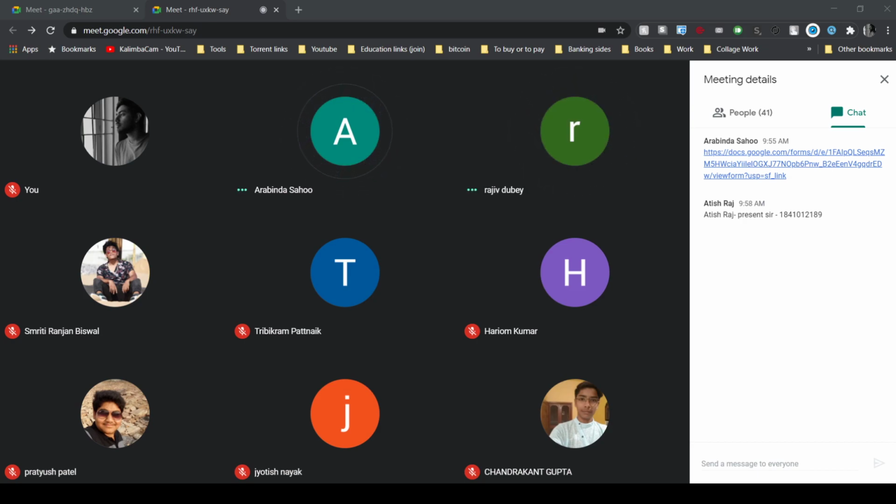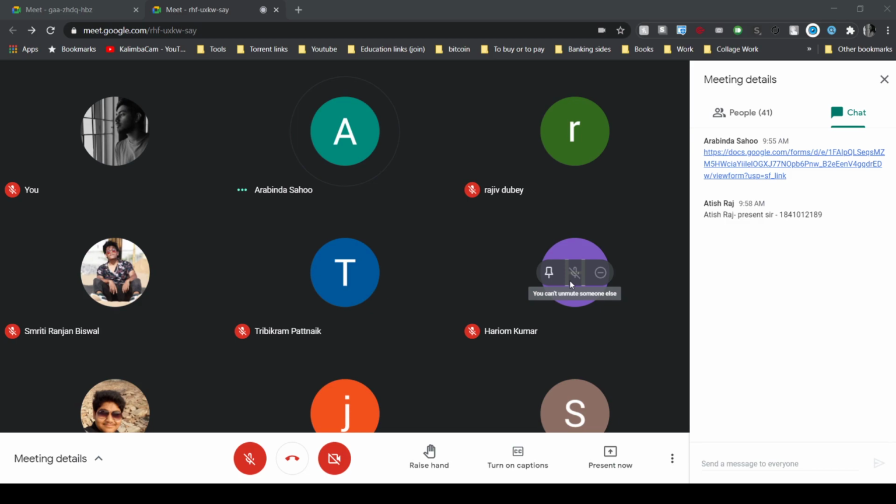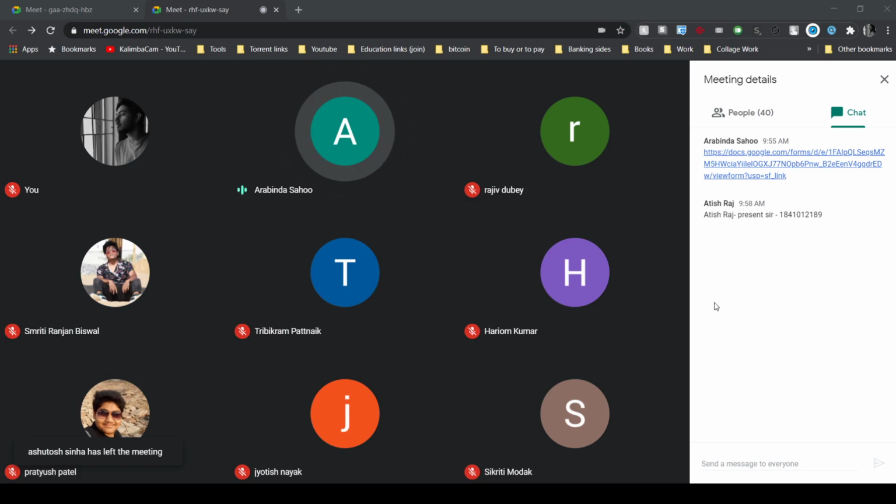Sikrit Modak, present, sir. Divya Prakash Naik, present, sir.